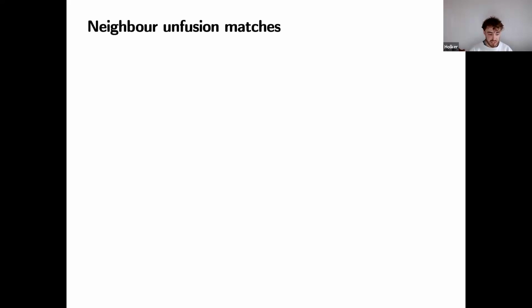But the other cases of neighbour unfusion are not guaranteed to preserve G flow, and there's work currently going on to provide a set of conditions for this, but we don't currently have this. And the same goes for causal flow, in that many transformations don't preserve causal flow. Many do as well, but many don't.